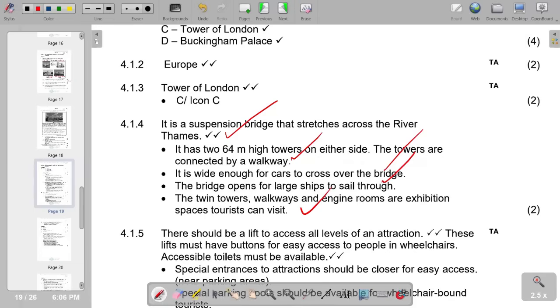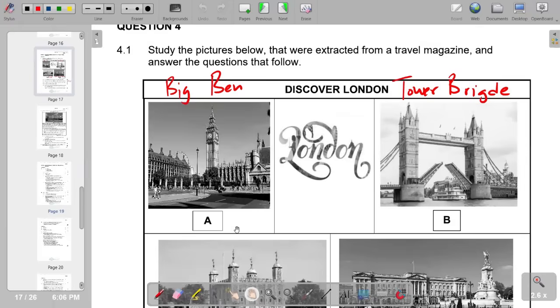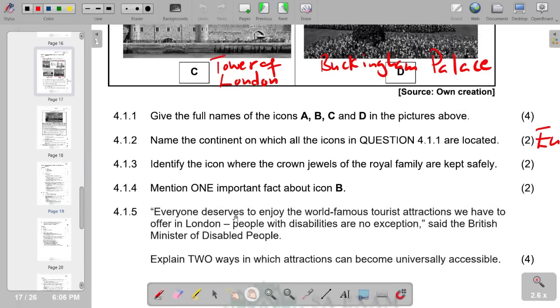Then you go to 4.1.5, which reads, everyone deserves to enjoy the world famous tourist attractions we have to offer in London. People with disabilities are no exception, said the British Minister of Disabled People. Explain two ways in which attractions can become universally accessible.